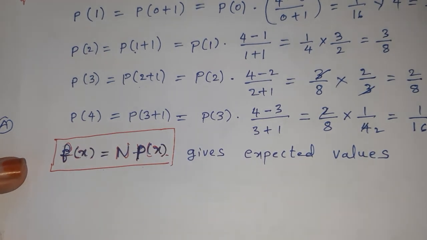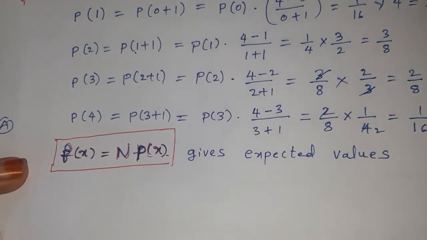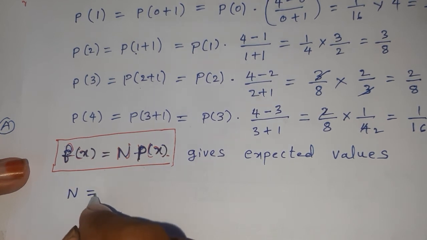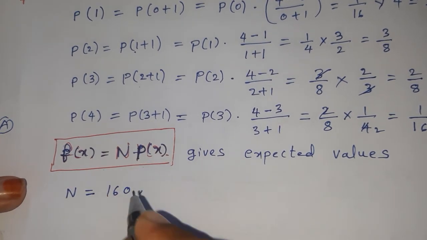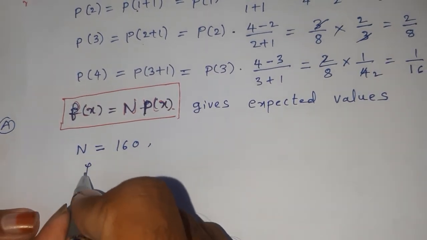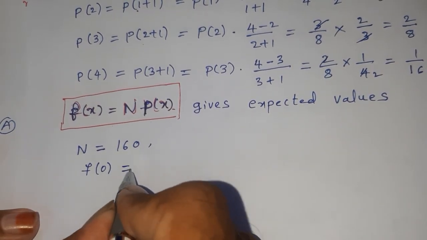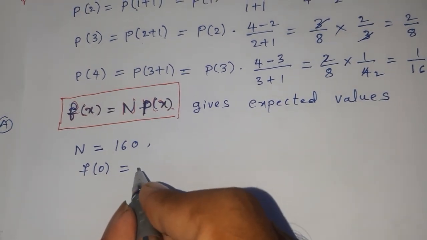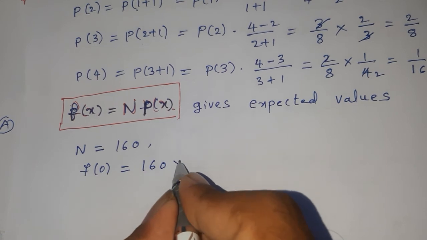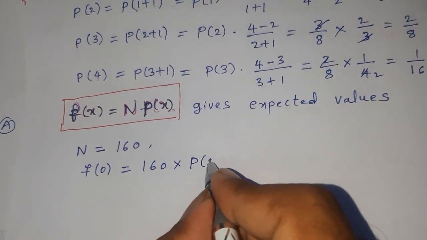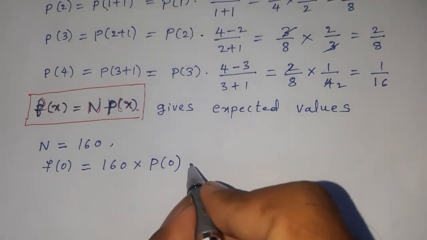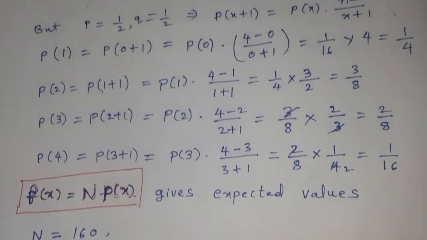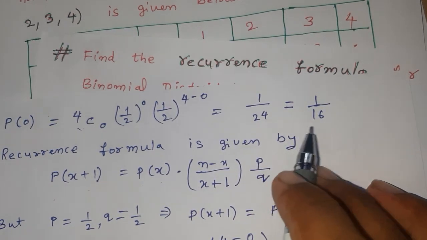Here we know capital N is equal to 160. Now let us find out f of 0. f of 0 is given by capital N, 160, into p of 0, which is 1 by 16.